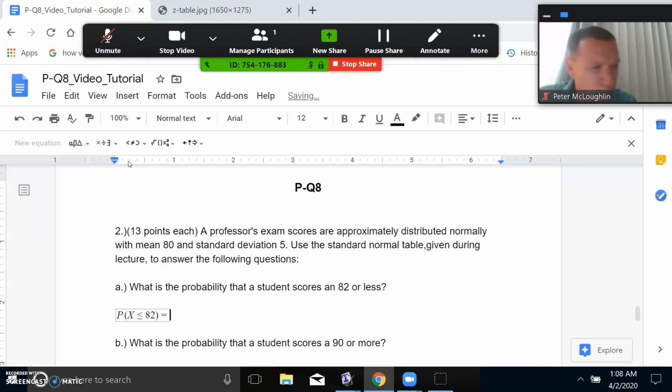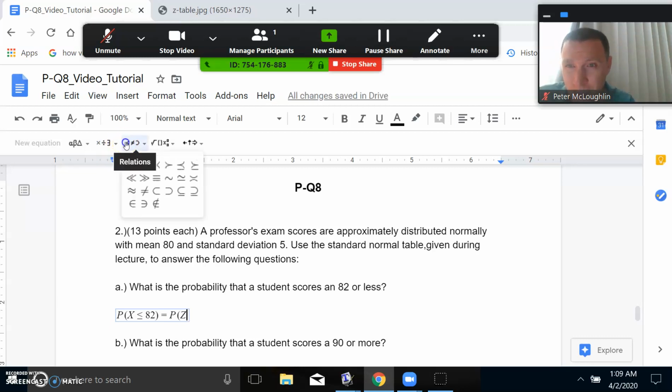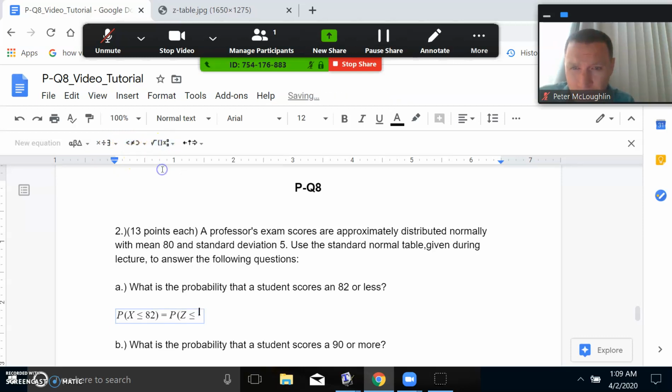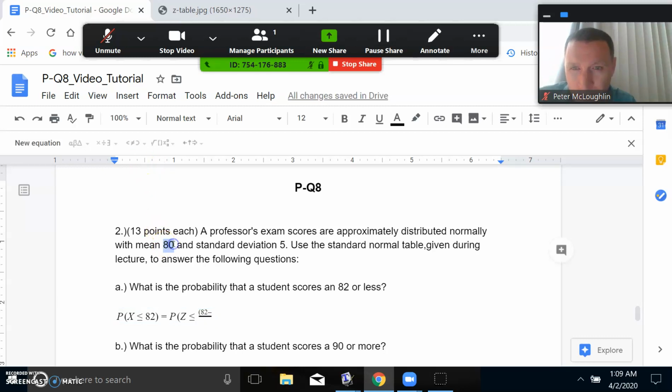We're going to have to transform it to a standard normal, so we're going to use our z-score. So it's P(Z less than or equal to a fraction). On top, the z-score is our x value, 82, minus the mean, which is 80, so 82 minus 80, divided by the standard deviation.